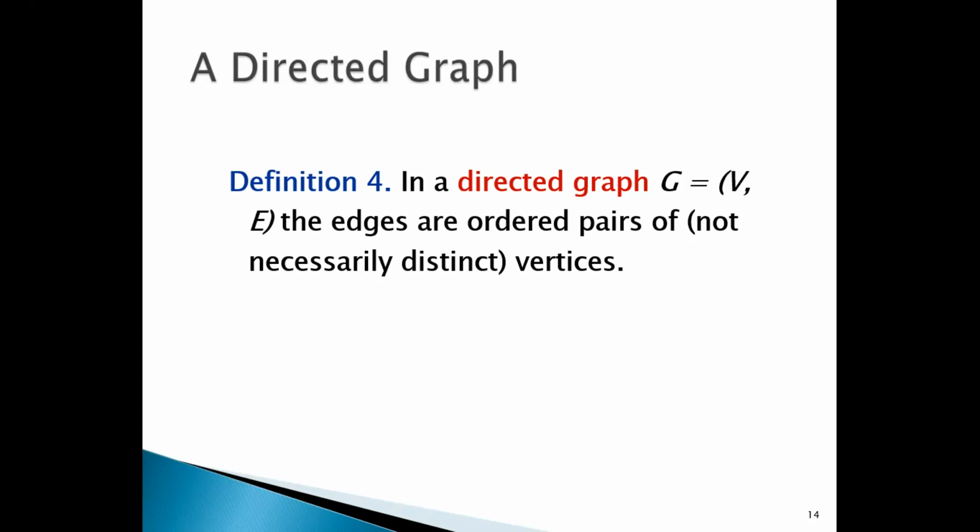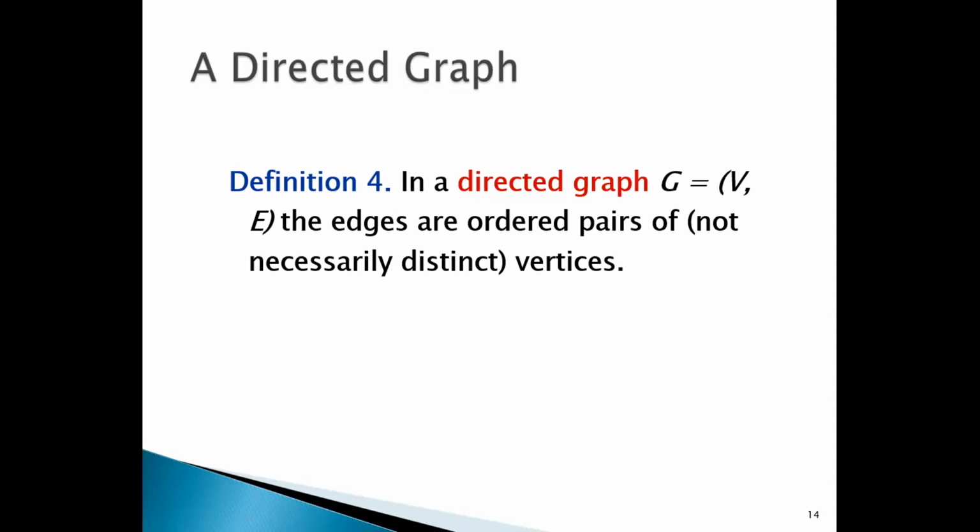When you write the edge, you definitely need to write the starting point first, then the finishing point. It means that edges are ordered pairs. What is an ordered pair? The starting point should be placed first, then the finishing point last.